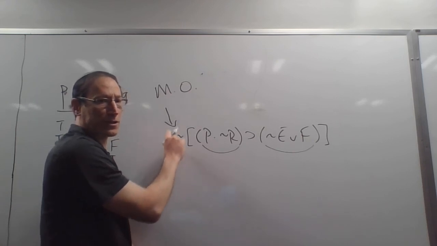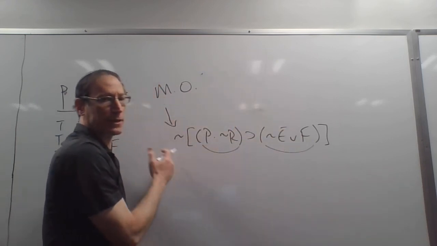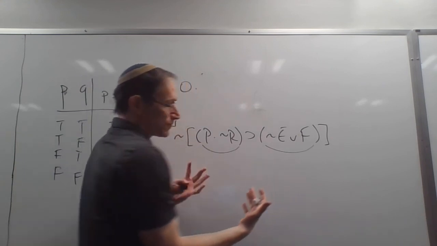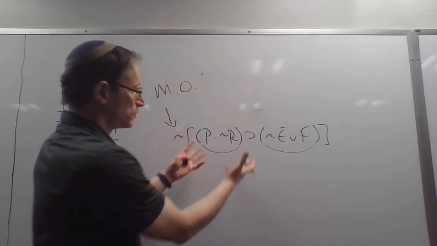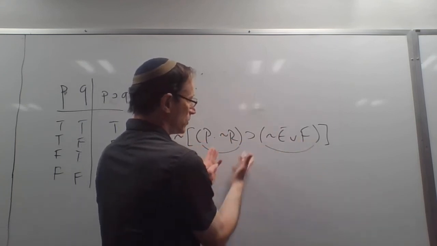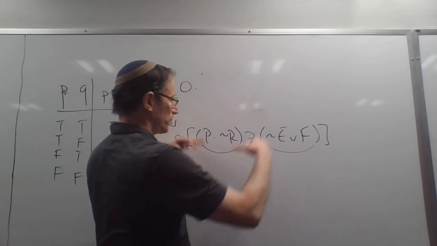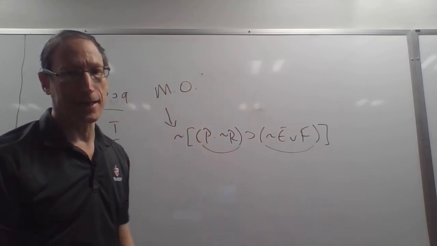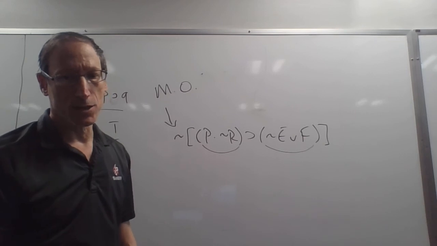It's the thing that governs the whole formula, as it were. If you were constructing this formula from the simplest parts, you would put together the P and the not R, the not E wedge F, then you unite that with a horseshoe, put that in big brackets, and then add the tilde on at the end. So the tilde is the major operator.